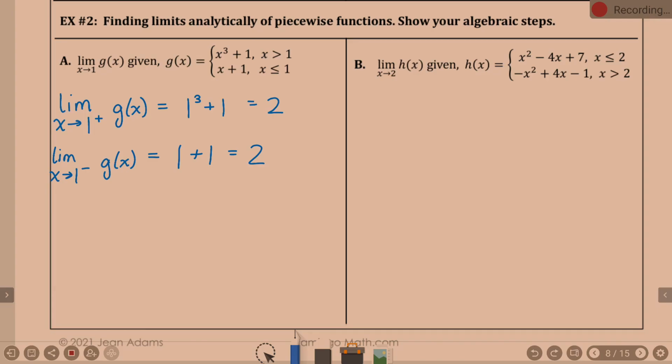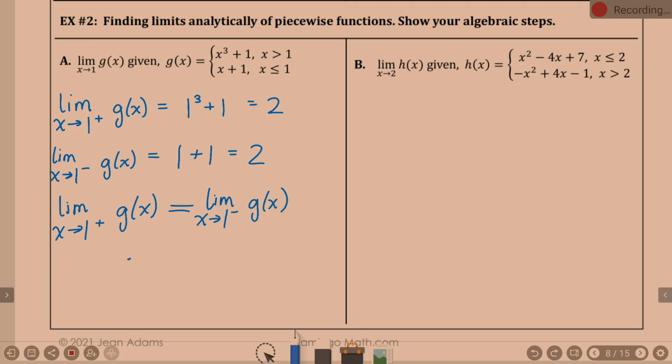So I'm going to say two things. First of all, the statement I'm going to make, and this is AP notation, which I'm trying to demonstrate here. The limit as x approaches 1, it doesn't matter which way you put this, from the right of g of x equals the limit as x approaches 1 from the left of g of x. Okay, so there I'm just stating what I've proven. They both equal 2, so they're equal to each other.